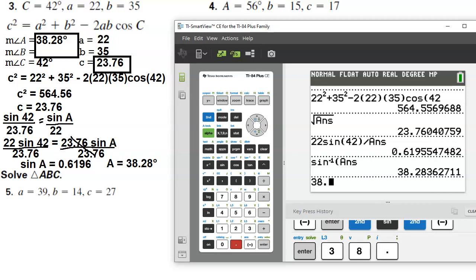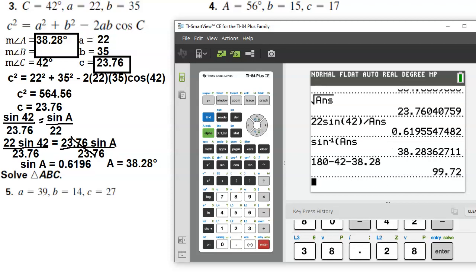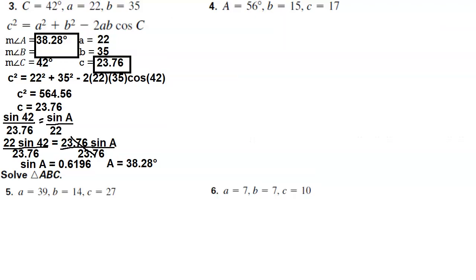Because again, the law of sines does some pretty crazy things with obtuse angles if you are not careful. Okay, so go from there. 99.72 degrees. Perfect.